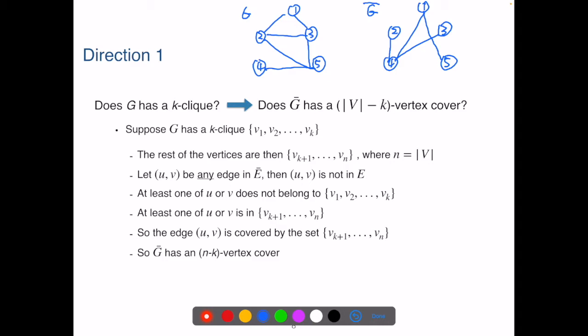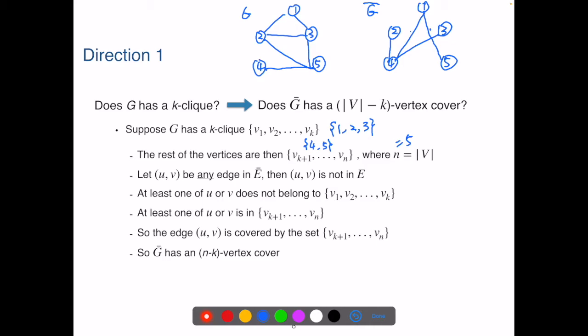G has a 3-click. So these are vertex 1, 2, and 3. The rest of the vertices are then 4 and 5. We also have n equals 5 for this example.